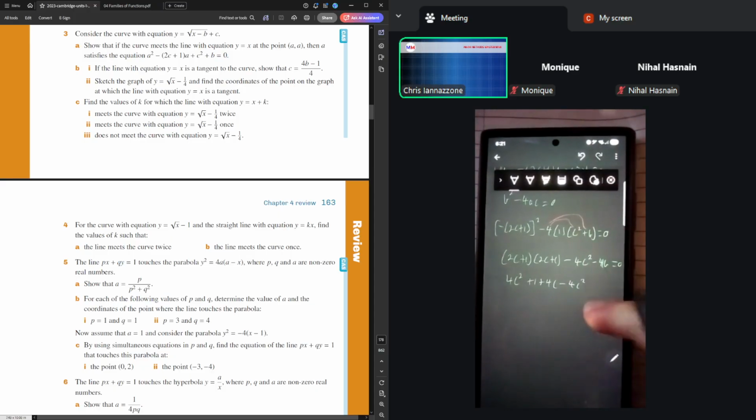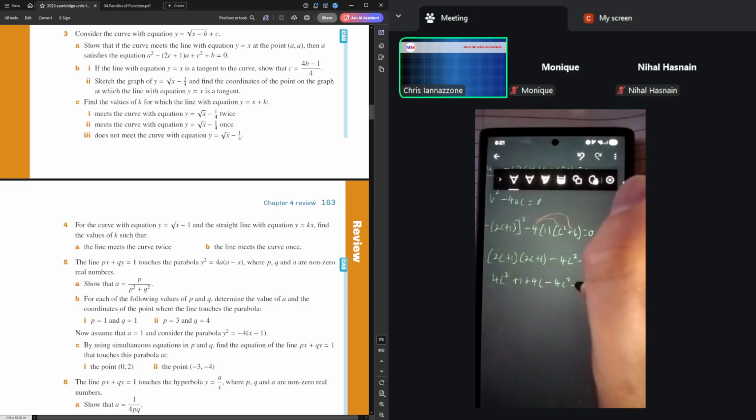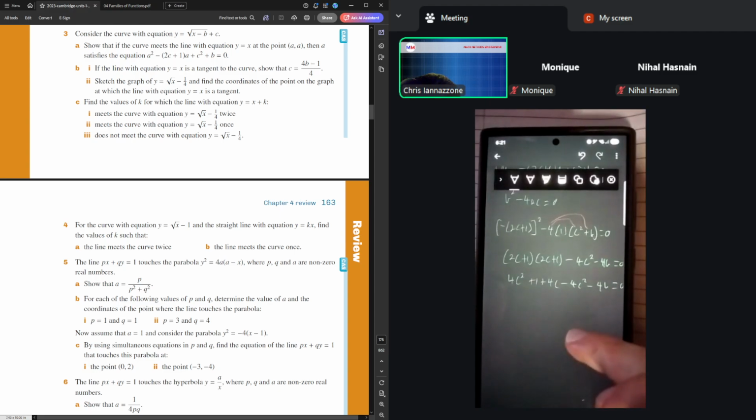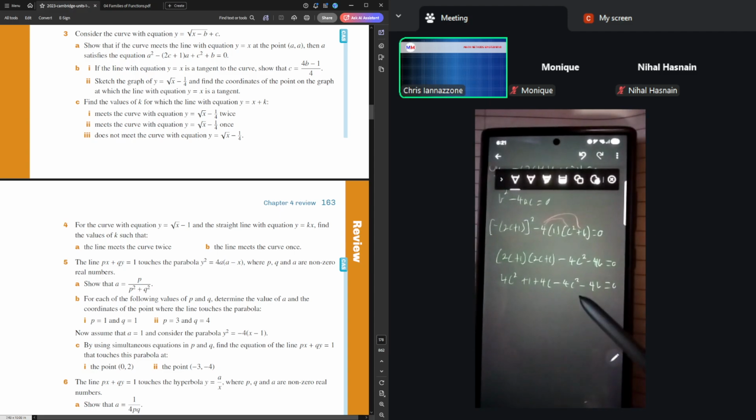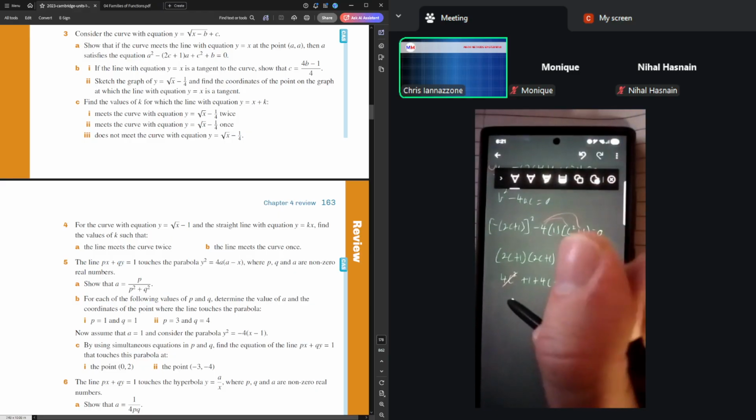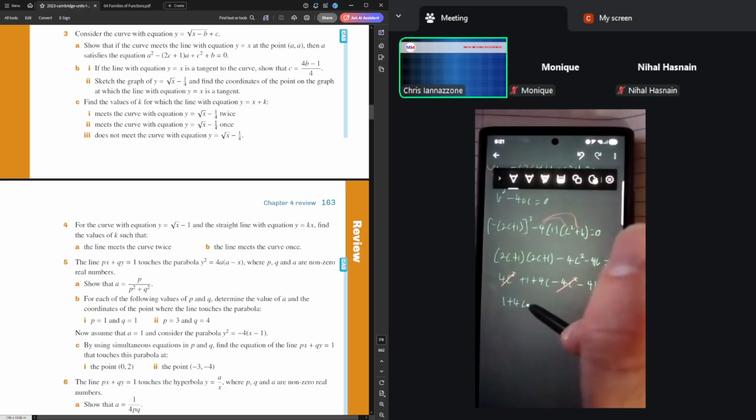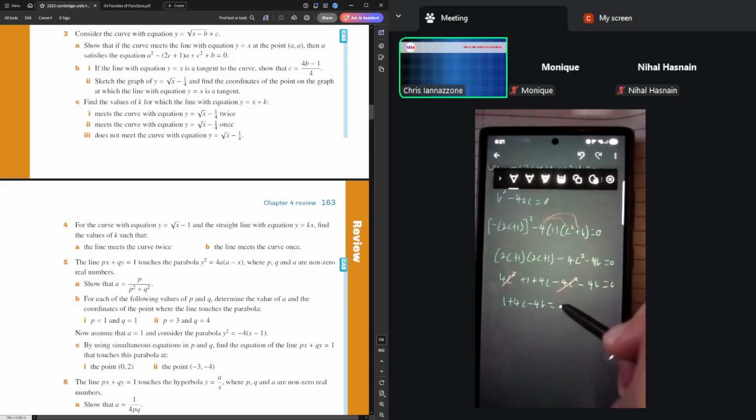Minus 4c squared, minus 4b. Collecting some like terms. Oh, nice. Those are going to cancel. 1 plus 4c minus 4b equals 0.